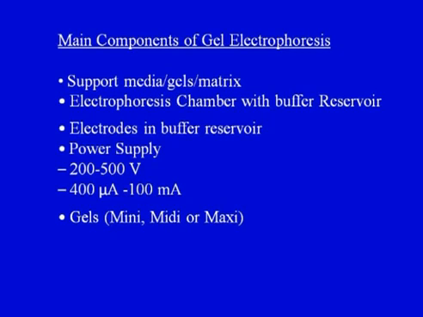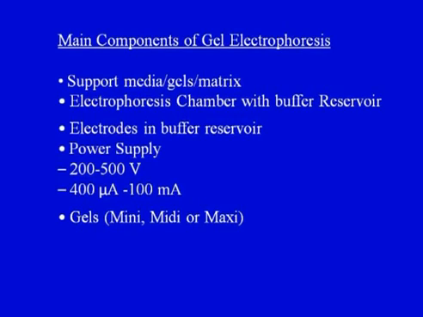Then electrodes in the buffer reservoir, that is the positive and negative electrode. Then you require a power supply, which you can run on constant power, constant voltage, or even constant current.